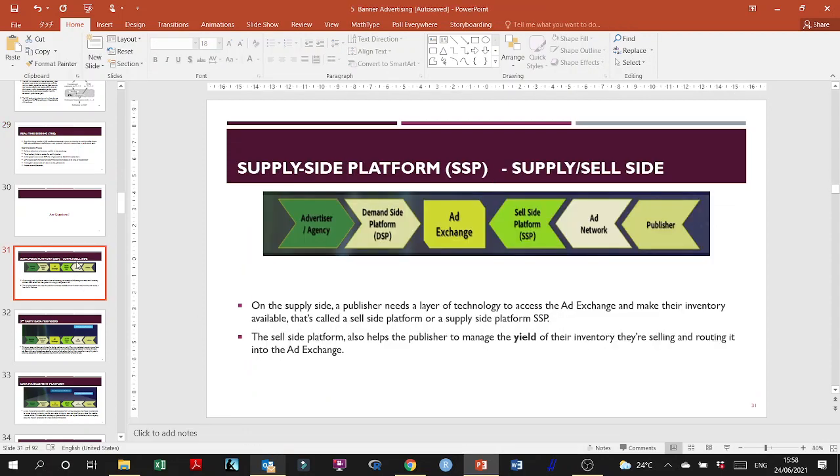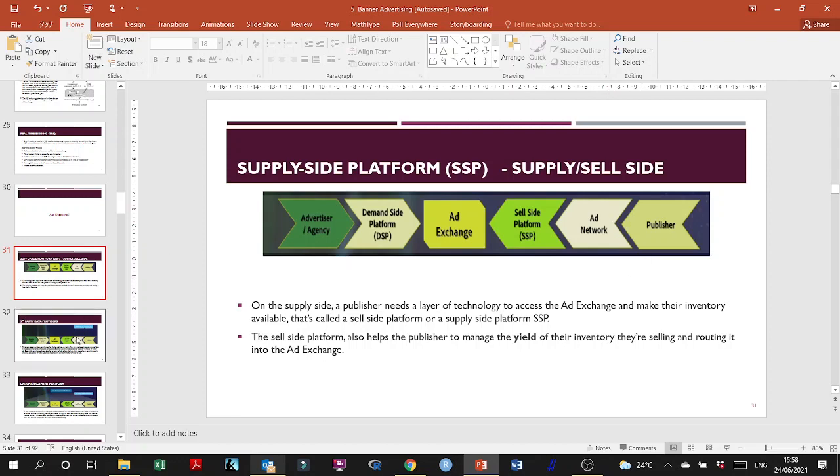All right. So here is the sell side platform, or the supply side platform, and this is the demand side platform. The process begins by the publisher registering their inventory through an ad network. The inventory is there.